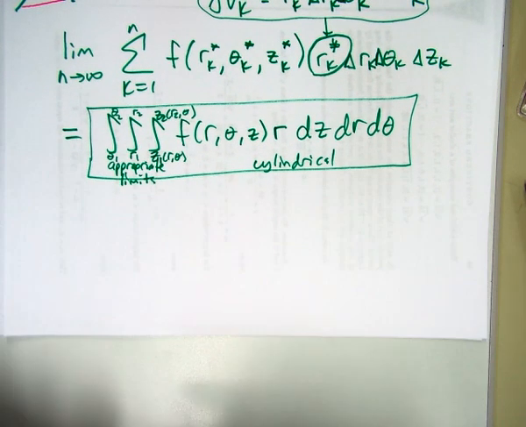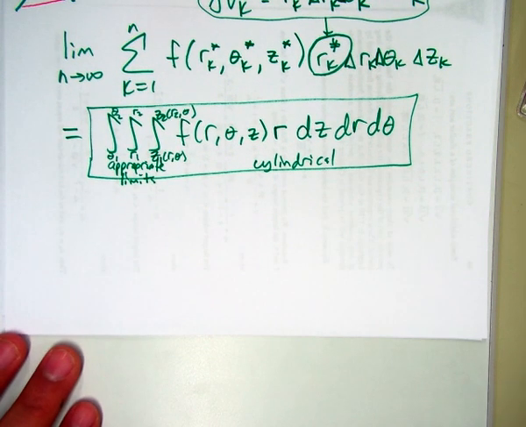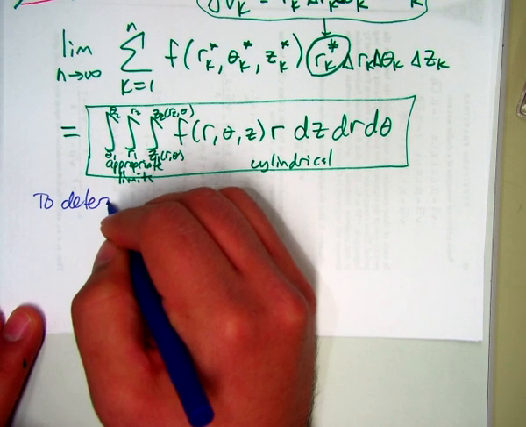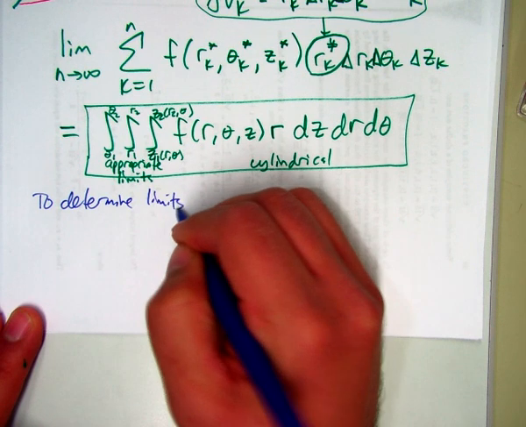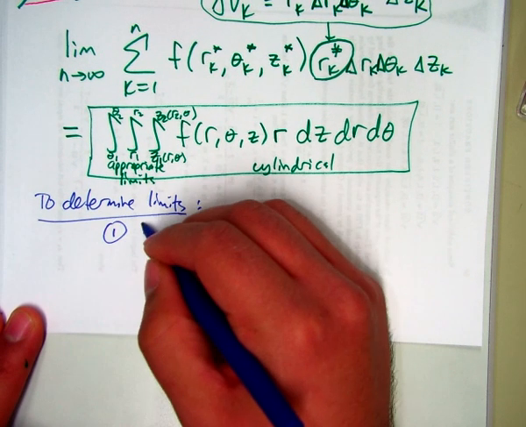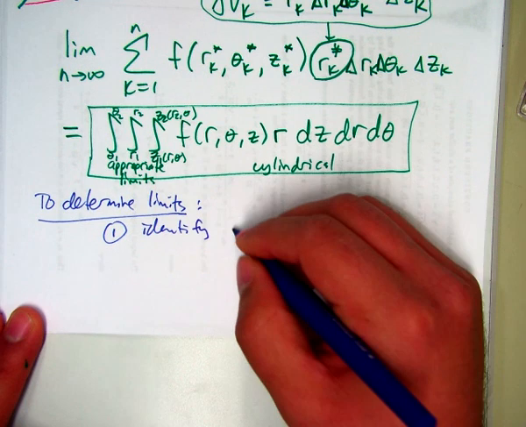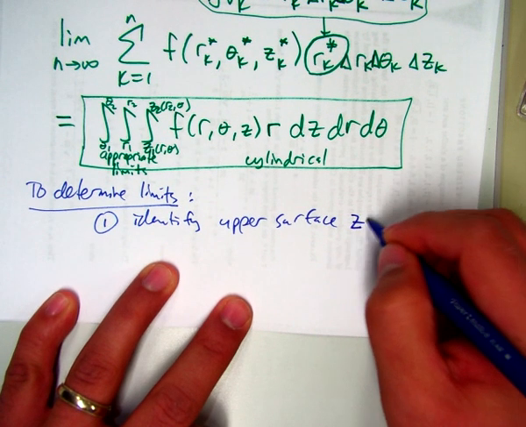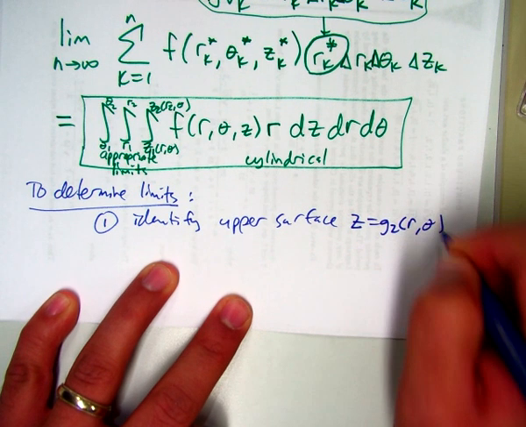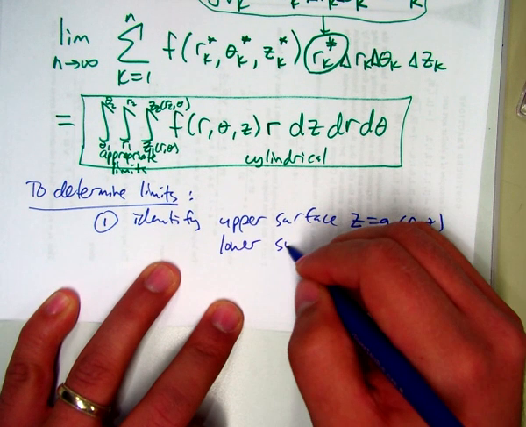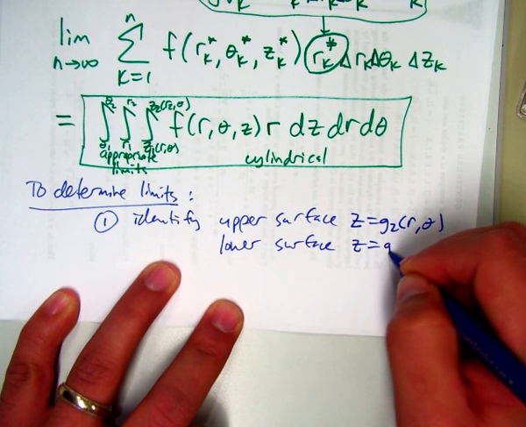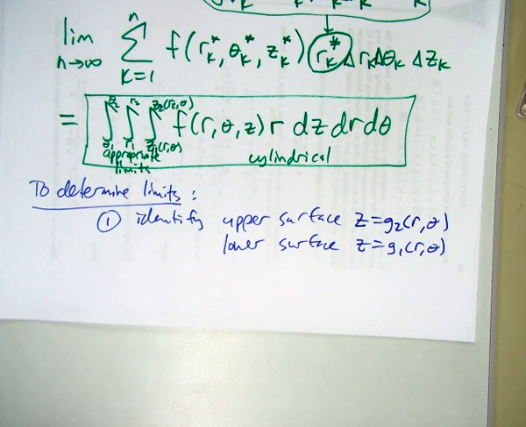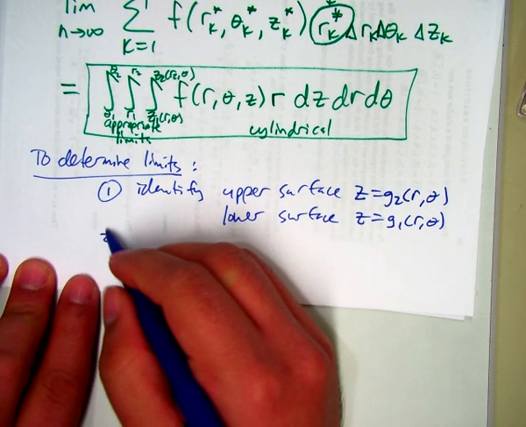We've already done problems like this. That's the good news. So to determine the limits, one, identify the upper surface, which we'll call z equals g2 of r, theta, and the lower surface, which will be z equals g1 of r, theta, and certainly you can convert right away now.